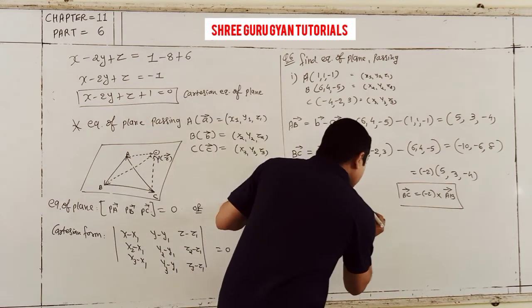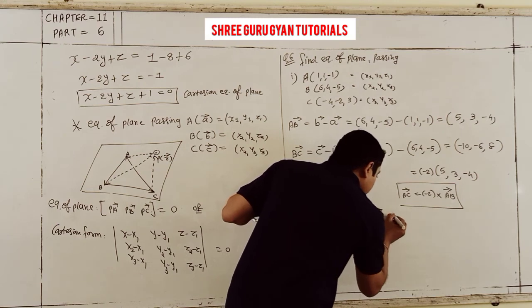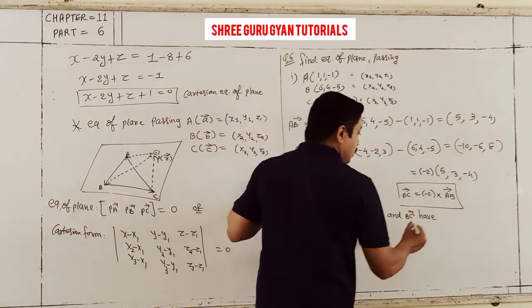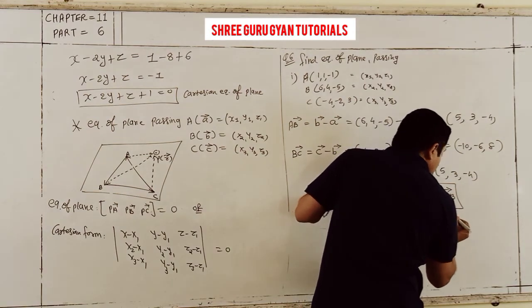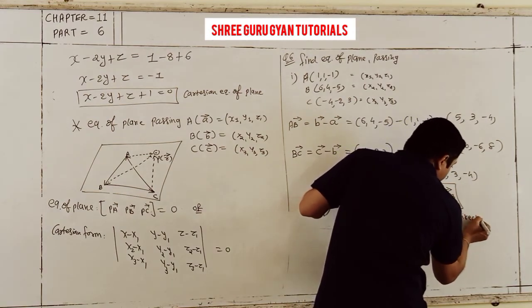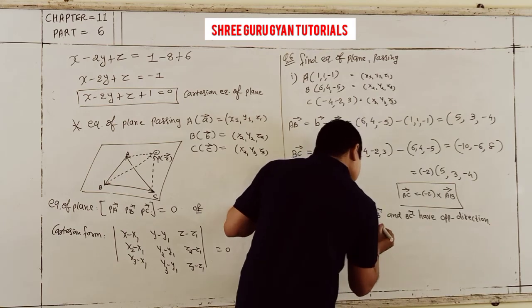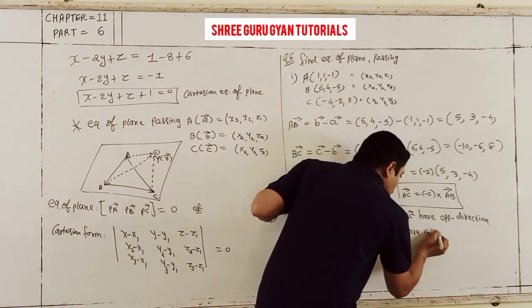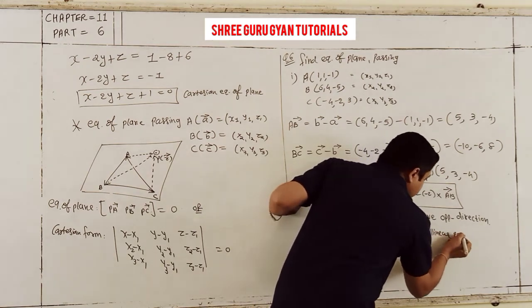So here AB and BC have opposite direction. Therefore, A, B, C are collinear points.